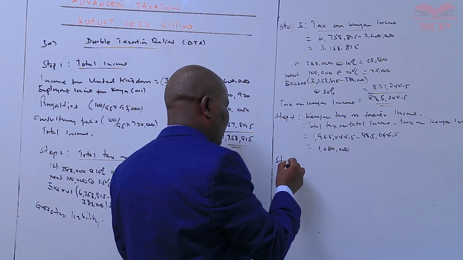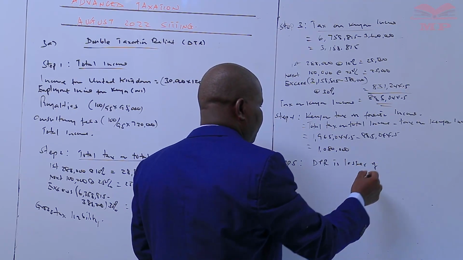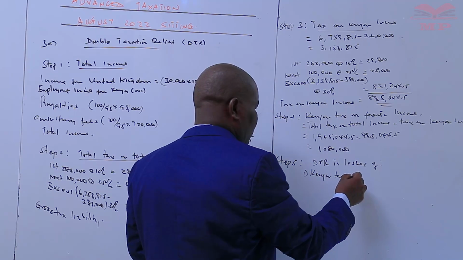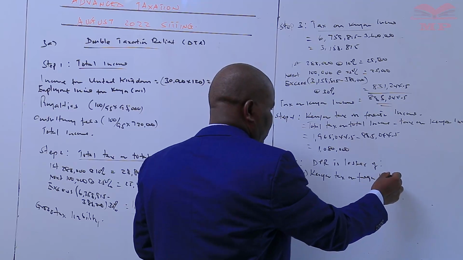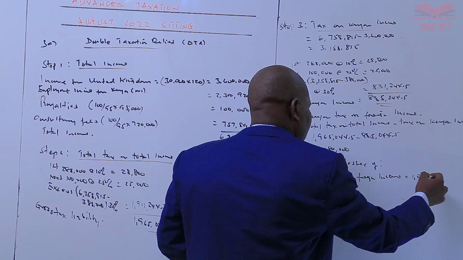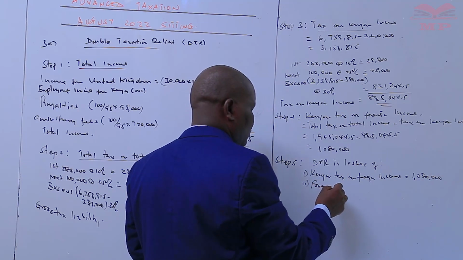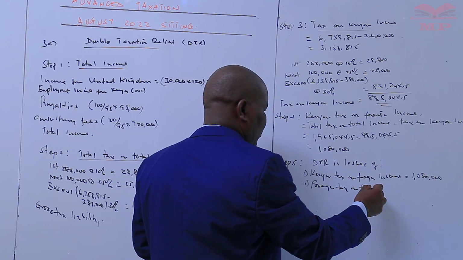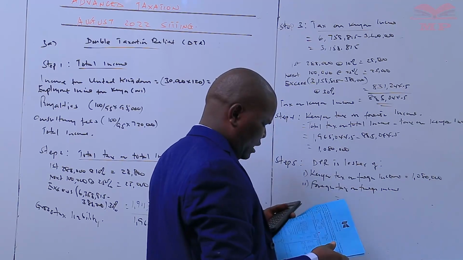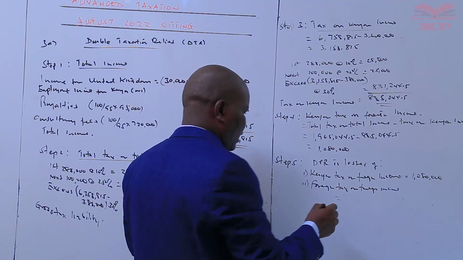Now DTR is the lesser of: 1, Kenyan tax on foreign income. In our case, we got that to be 1,080,000. And 2, foreign tax on foreign income. The tax paid in the UK, we are told, was 4,200 pounds.